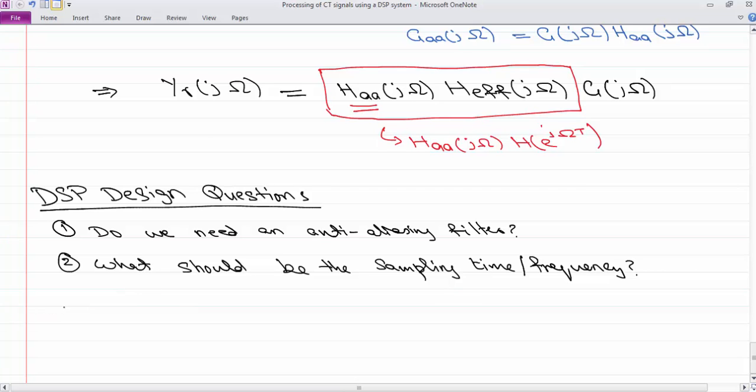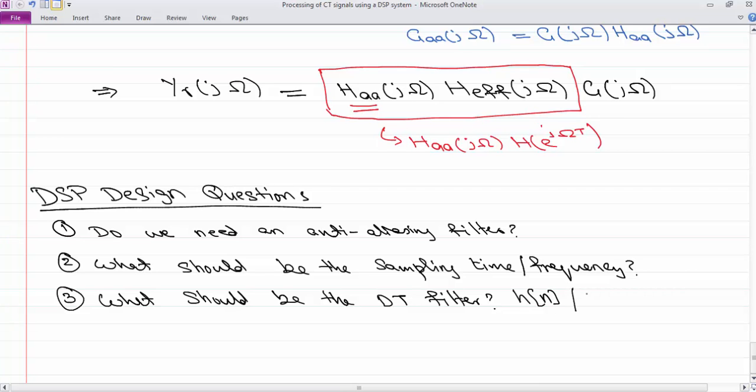Now, the third question is, what should be the filter in discrete time? So what should be the discrete time filter? And the answer can be given in terms of h[n] or H of e to the j omega.